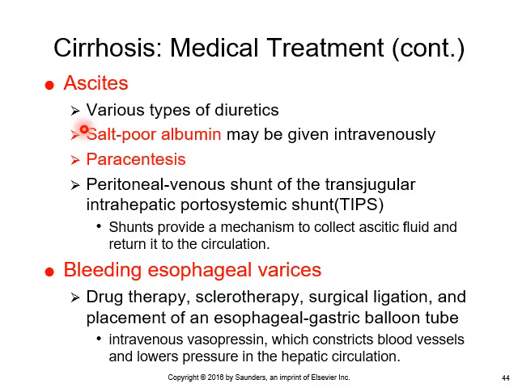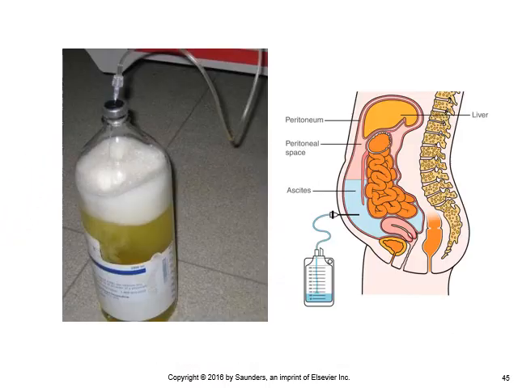Ascites, we did talk about, they will need a paracentesis to help them manage the ascites. It looks like this. So the ascites, the enlarged abdomen that we were looking at earlier on, is because of this abdominal cavity here that is filled with fluid.